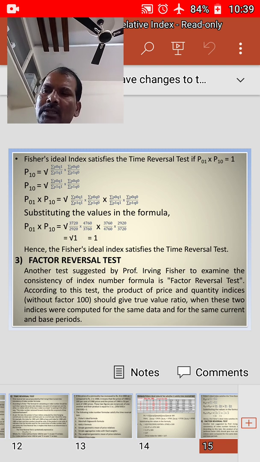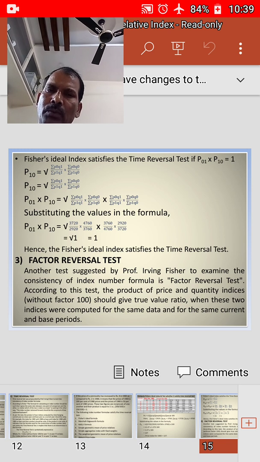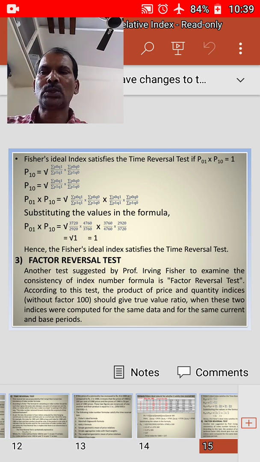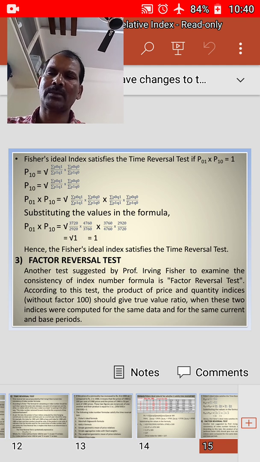Another test suggested by Professor Irving Fisher to examine the consistency of index number formula is factor reversal test. According to this test, the product of price and quantity indices without factor 100 should give true value ratio, when these two indices are computed for the same data and for the same current and base periods.